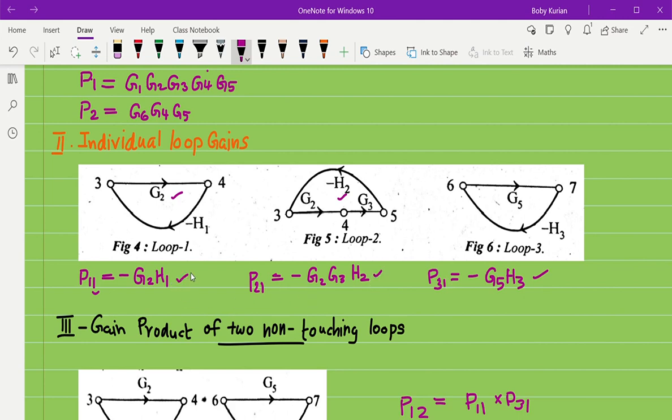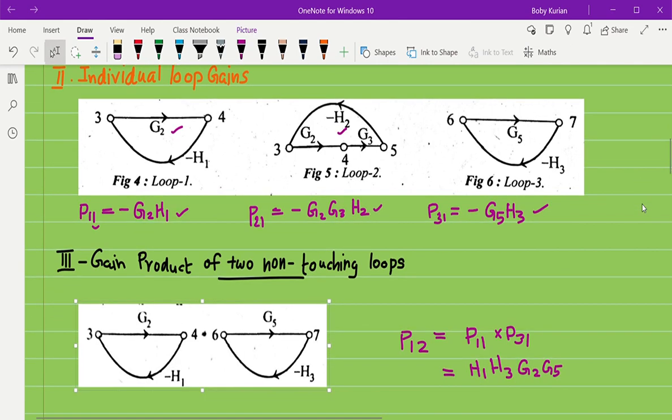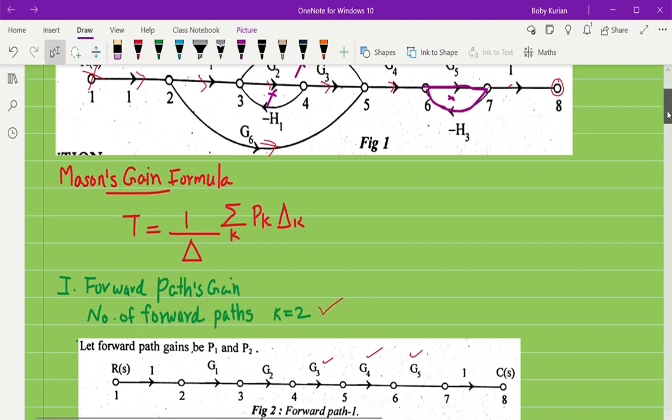The next step is to find the gain products of two non-touching loops. So we have to identify two loops which are not touching each other.